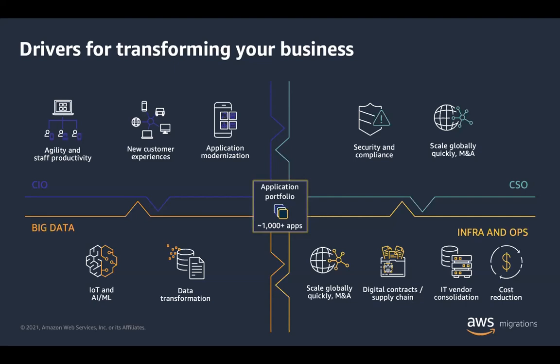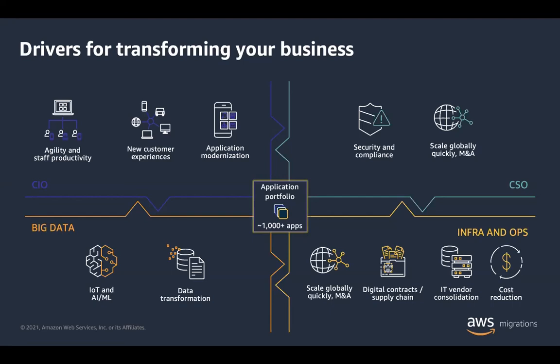Similarly, from the security perspective, you should not only have the ability to scale globally quickly, but also be able to have security and compliance in place. Now, AWS takes care of that as well. It ensures that you have secure and compliant infrastructures. If you have some local laws or local privacy laws or any other compliance that you need to meet for your infrastructure, we help you design such solutions on the cloud.